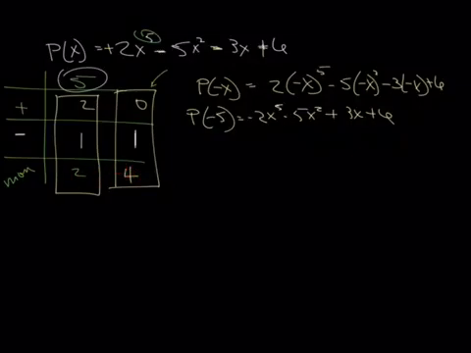And since we talked about non-real numbers being complex, remember we said they have to occur in pairs because we have conjugates. So we're either going to get 2 or 4.